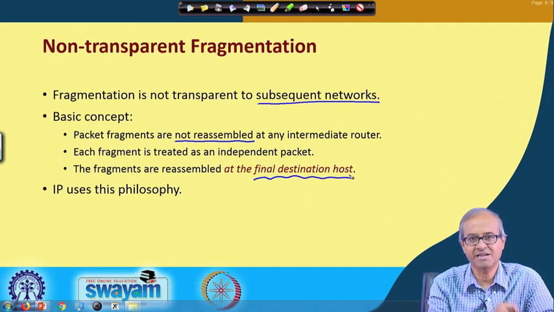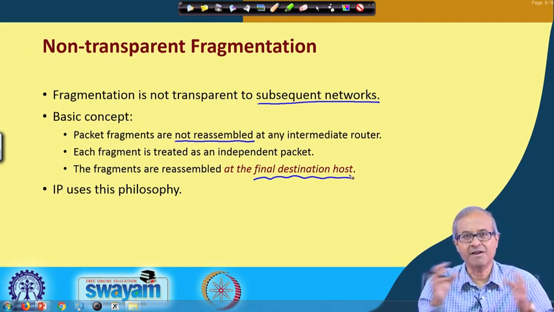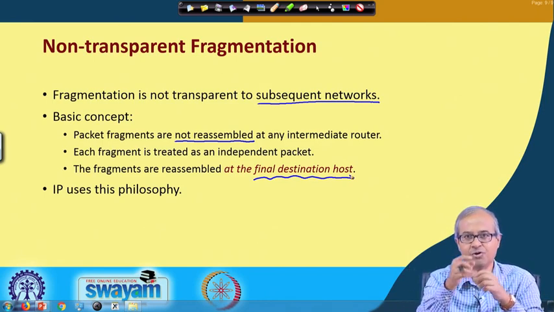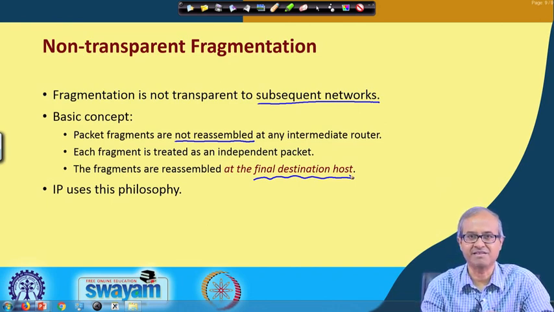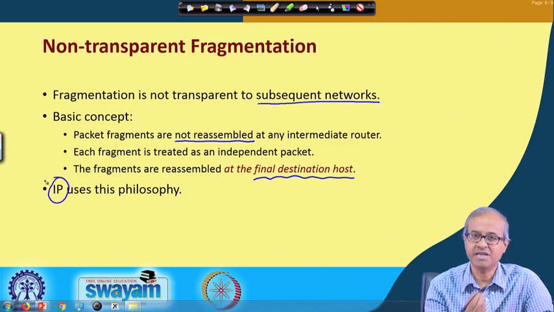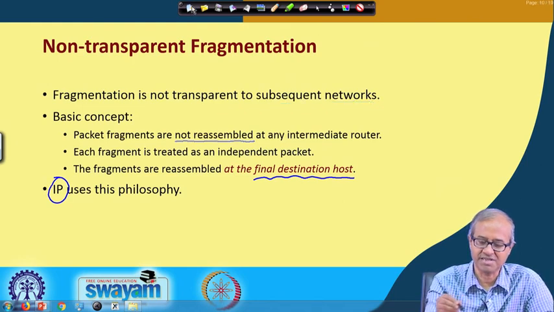Suppose I am sending the packet to your computer, finally all the fragments will come to the IP layer of your computer, and that is where these fragments will get assembled again. Okay. This is how non-transparent fragmentation works, and as I said, the IP protocol in TCP/IP follows non-transparent fragmentation.